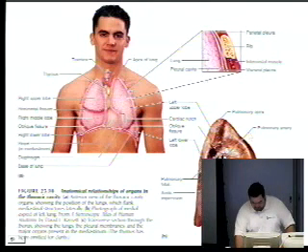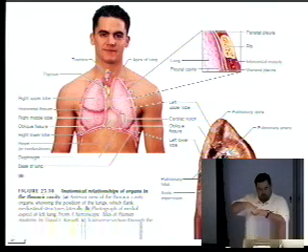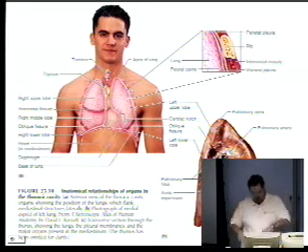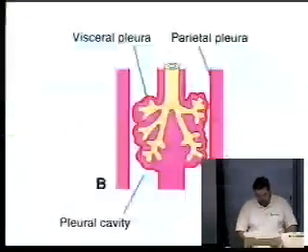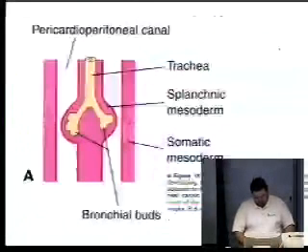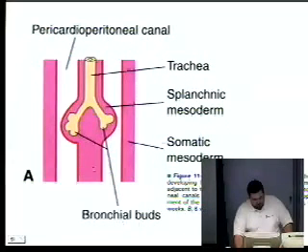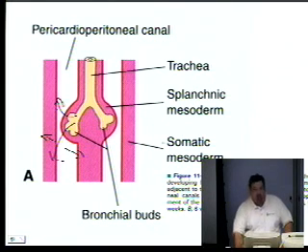Okay, now if you notice where the hilus is, there is a portion of the lung superior to that point. So as the lungs are growing in, let me go back a couple slides. Primarily, the lungs are growing downward and outward, but you do also have some growth upward and outward.